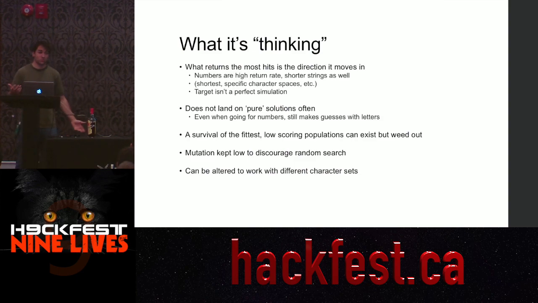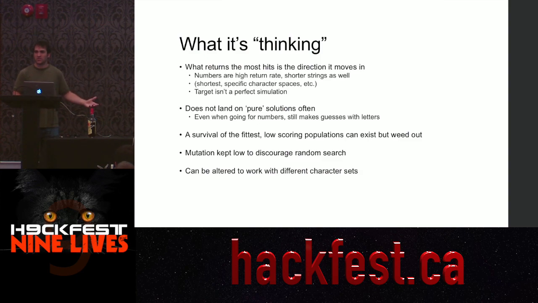And this is where it gets really cool. If I was doing this against passwords and cracking them and pulling them out as I go, you have this trait that when it starts exhausting the numbers, those threads start performing poorly, and the threads that are guessing more letters start performing better, right? So this thing will start pivoting. It'll start guessing numbers, and then when numbers start performing poorly, it starts getting letters.